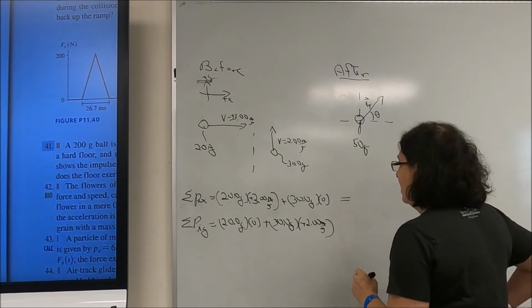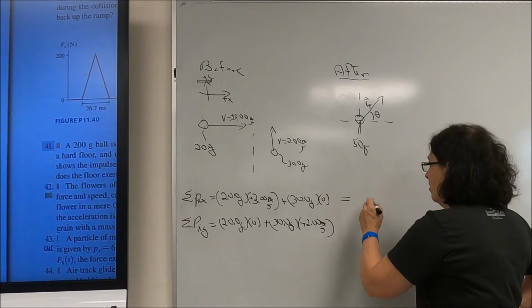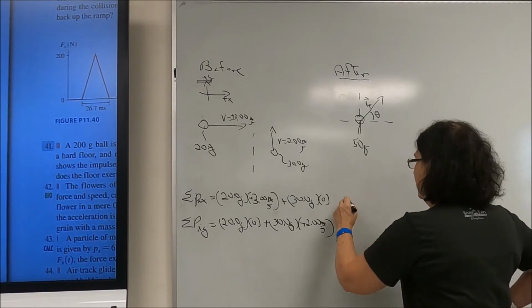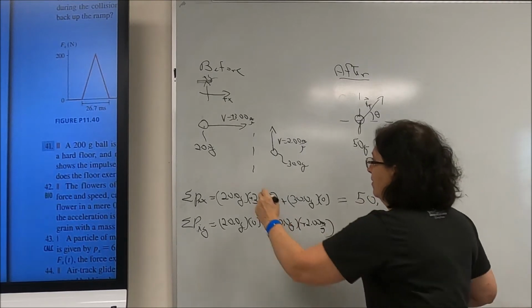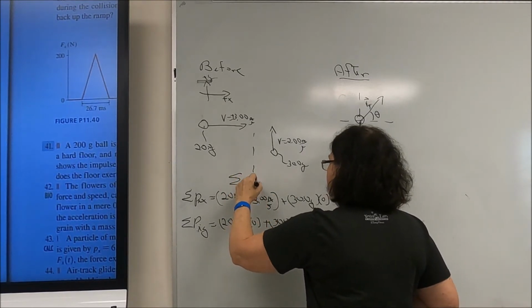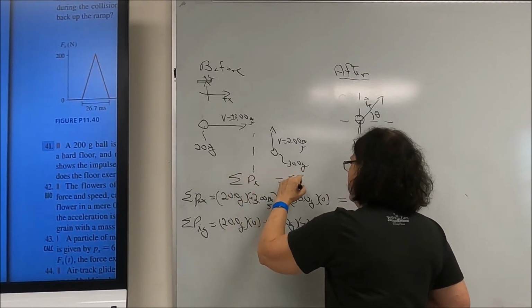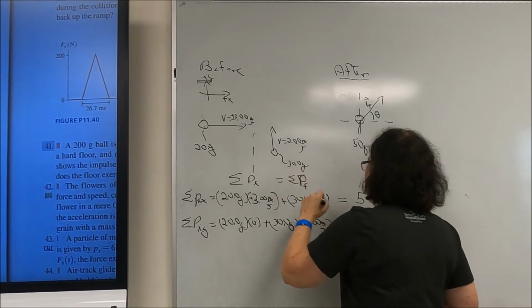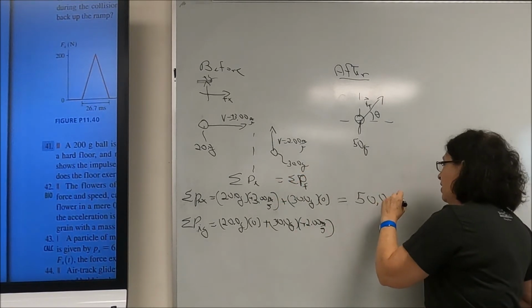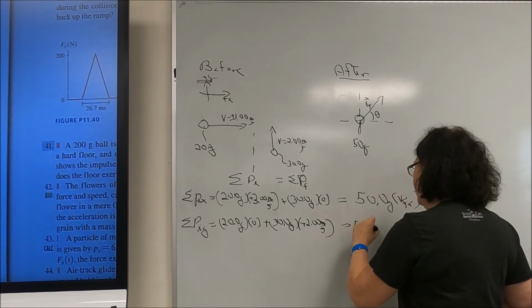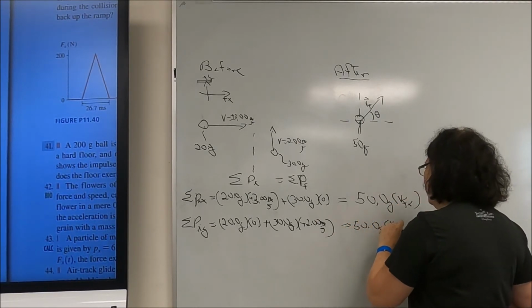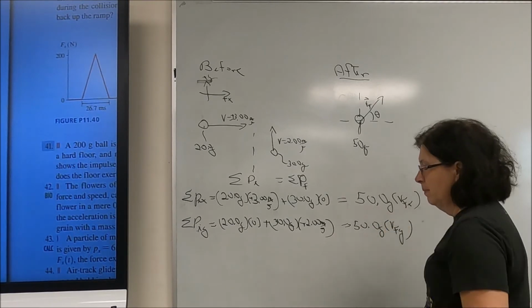Now, that has to equal the sum of the momentums final, which in this case would be 50 grams V final X and 50 grams V final Y.